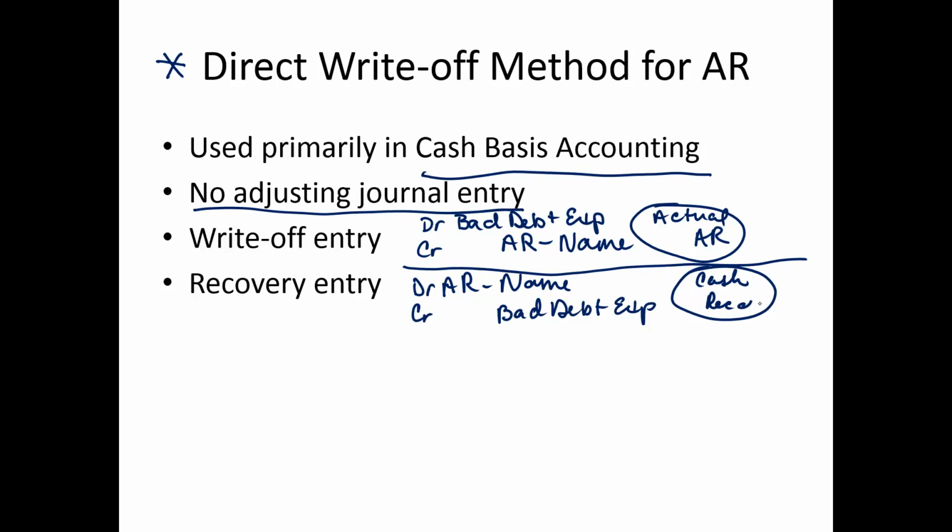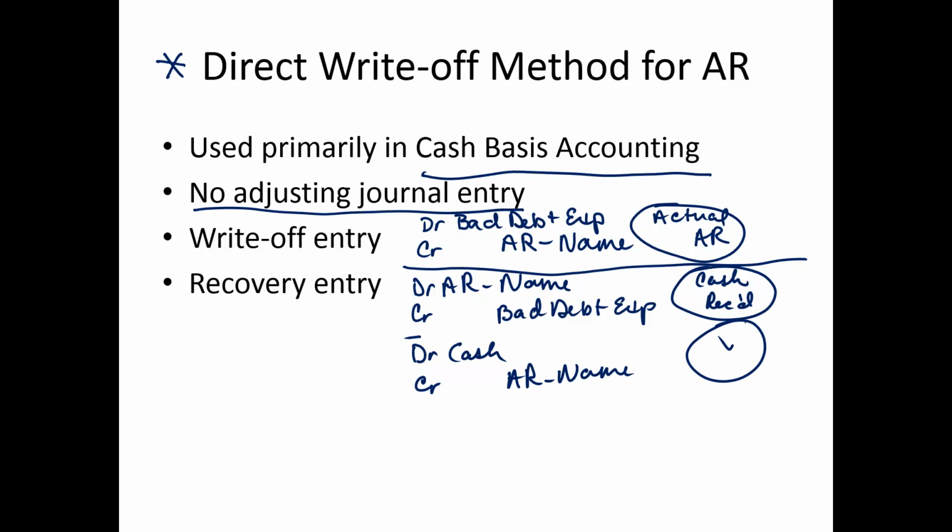If they say, oh, yeah, I'm going to pay you the whole thing, you don't reinstate or recover the whole thing, only the amount of cash that you receive. And then the second part of that is take their money, debit cash, credit accounts receivable, their name, for the amount of cash received.